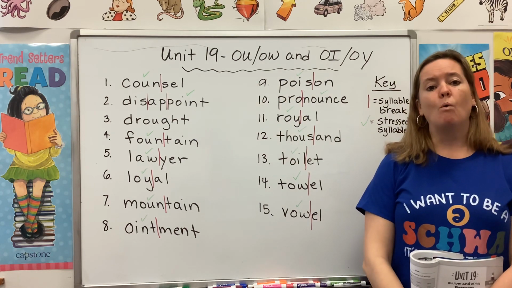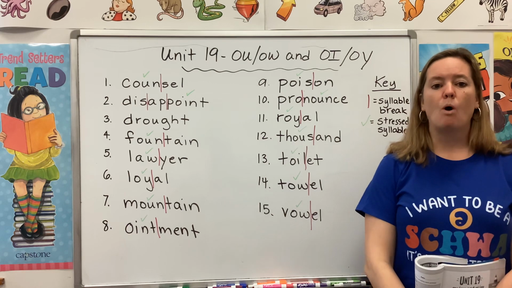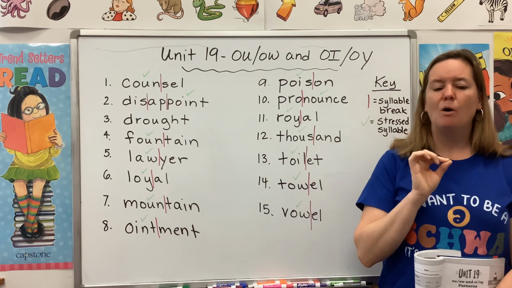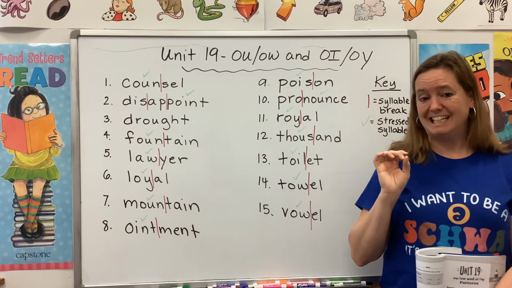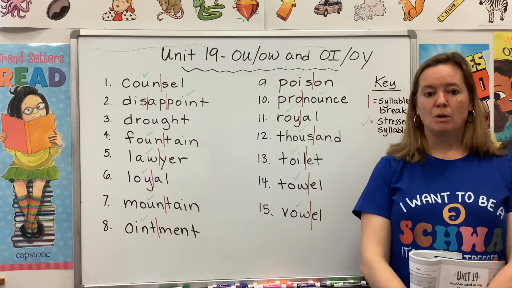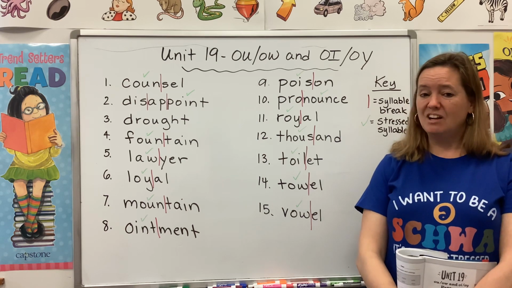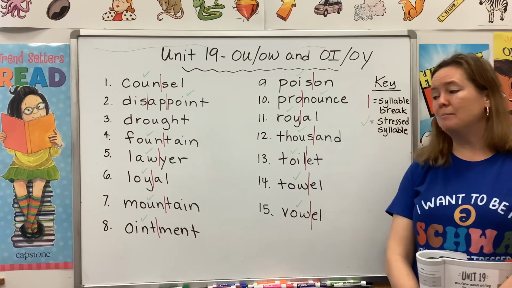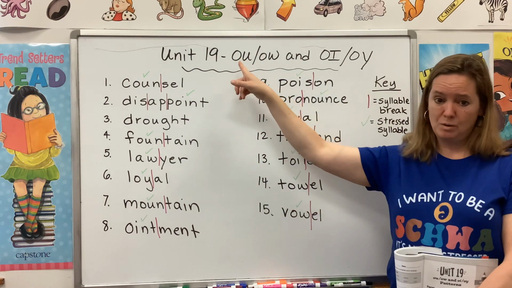Same thing with oi. Try that in your mouth. Oi. See how it starts off kind of like a long O and then moves to a long E, oi. So that's a diphthong as well. Okay, now what makes our language confusing is that we have 2 common ways to make that ow sound.